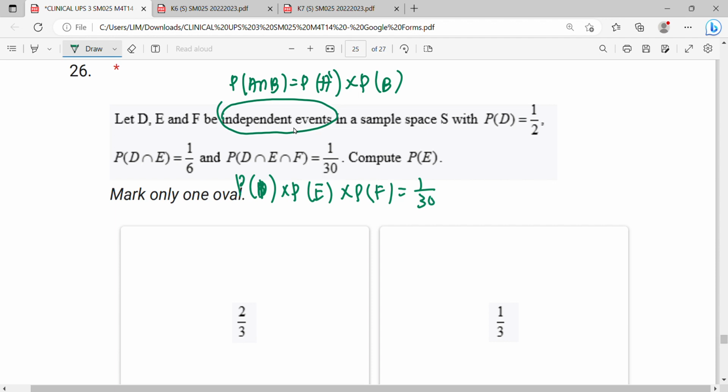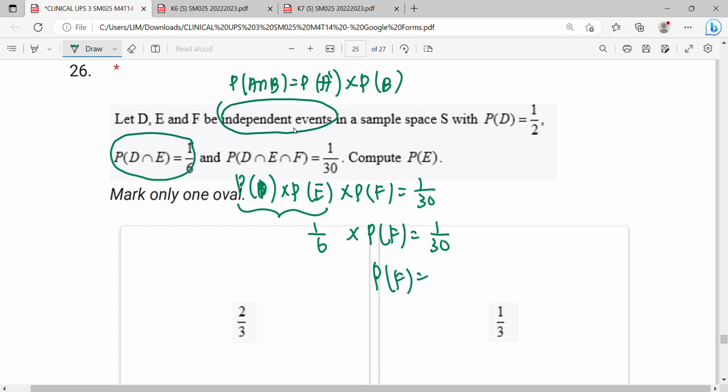And then the D intersect with E is this one, 1 over 6. So lastly, what's your PF?